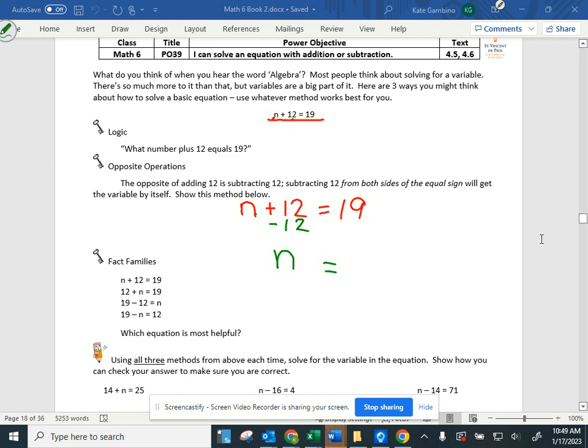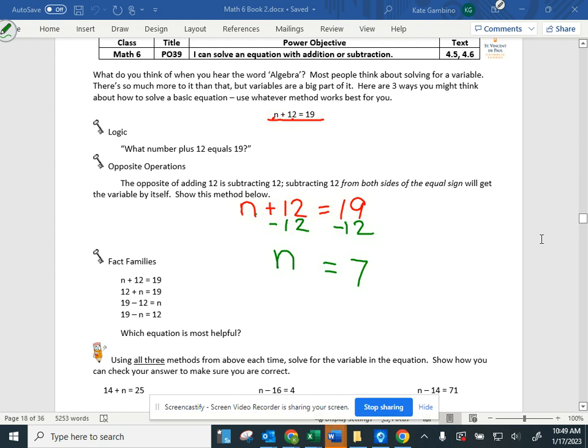Just like when we're working with those fractions and ratios, whatever you do to one side, you do to the other. Whatever you do to the top, you do to the bottom, right? If we're doing equivalent fractions, equivalent ratios, whatever you do to one, you do to the other. Same thing here. If I subtract 12 from this side of the equal sign, I need to subtract 12 from this side. 19 minus 12 gives me that same answer of 7.